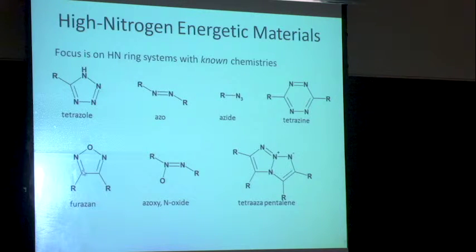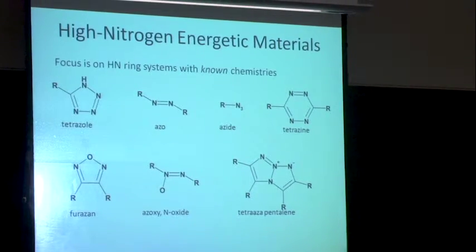What's interesting about these compounds is they get their energy from the fact that I have singly bonded or doubly bonded nitrogen atoms in a ring structure, that when the ring structure comes apart, I'm going to end up forming triple bonds to form molecular nitrogen, and that's where a significant amount of the energy is going to come from. They also typically have a significant amount of hydrogen bonded into the system, so they're largely high nitrogen compounds. So the final products will have pretty low molecular weights. The molecular nitrogen will be 28, and molecular hydrogen, obviously, 2.